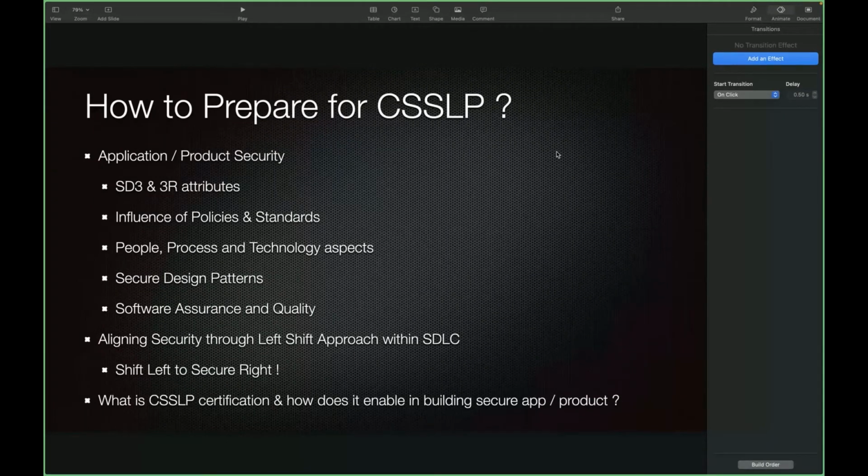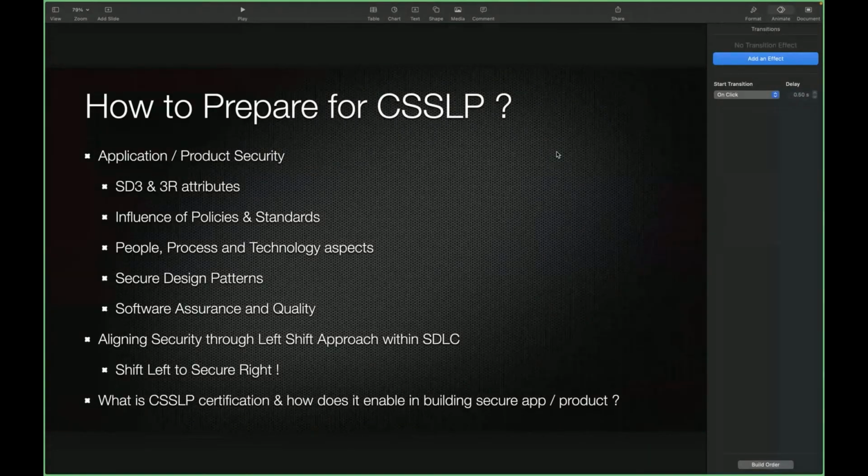So talking about people, it comprises the top management, the architects, the developers, testers, the operational teams, and multiple individuals and stakeholders within the organization who are responsible for governance of the software or the product, the compliance aspects, the legal aspects, and also developing the software as such, architecting, designing, right?